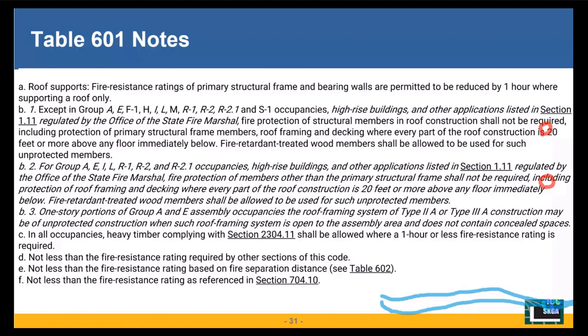The fire protection is not required when they're 20 feet distance. This is the picture we looked at, if there's a minimum 20 feet height separation. For these group of occupancies, A, E, I, L, R1, R2, and R2.1, high-rise buildings also, again it allows that you do not have to rate the buildings.